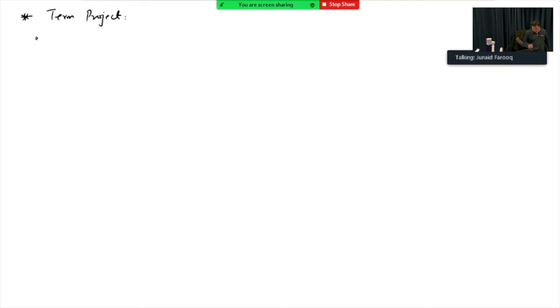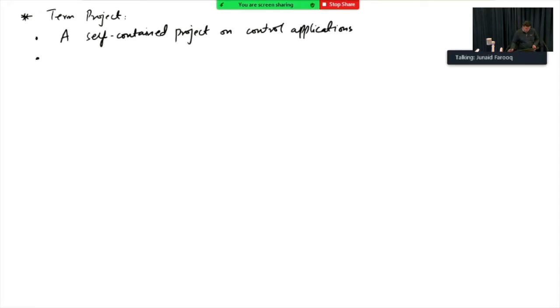What we are expecting is a self-contained project on control applications in general. We understand that everybody is coming from different backgrounds and is working in different areas, so the project scope is open-ended.